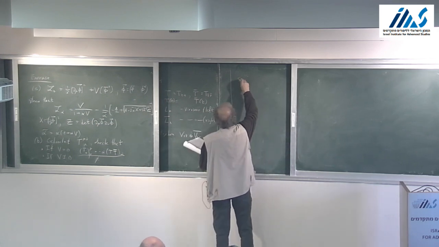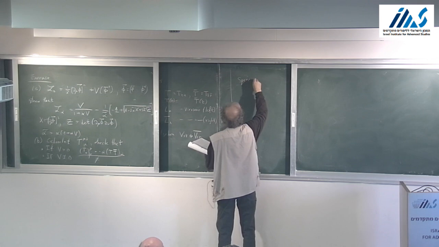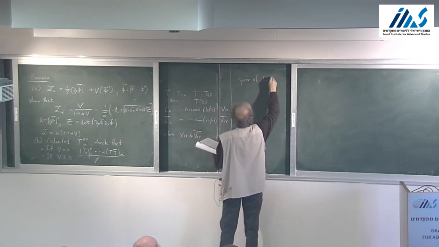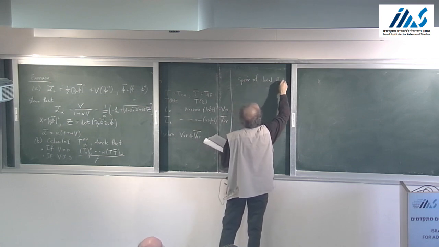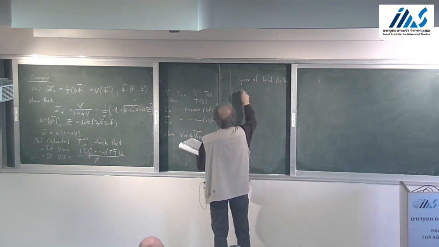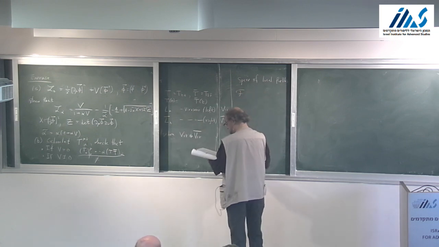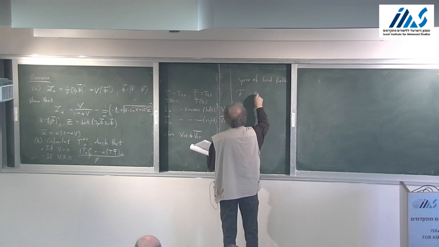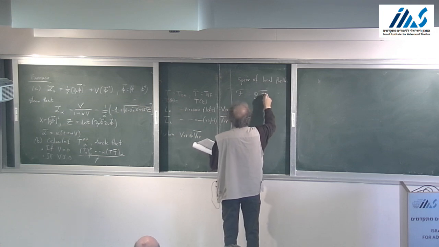The space of fields, which I decided to denote F, is a sum over F sub alpha.